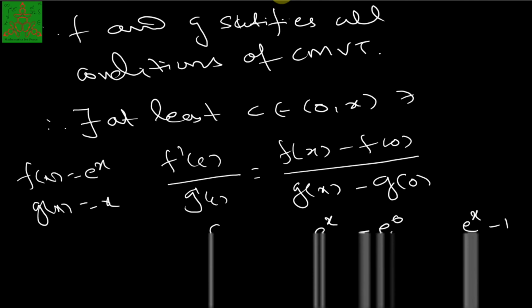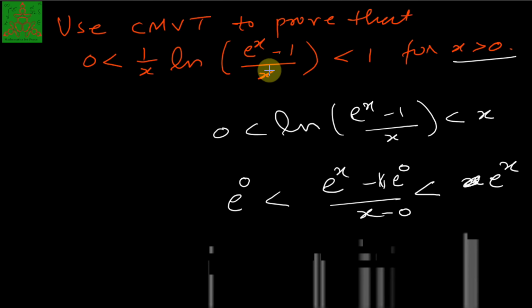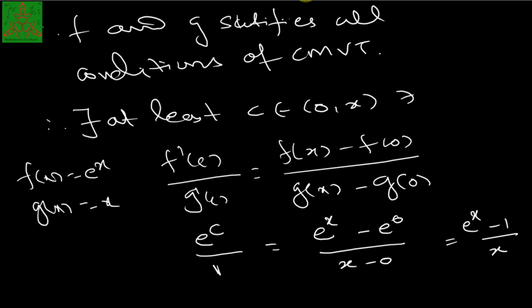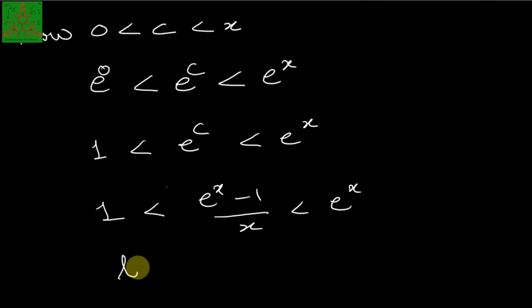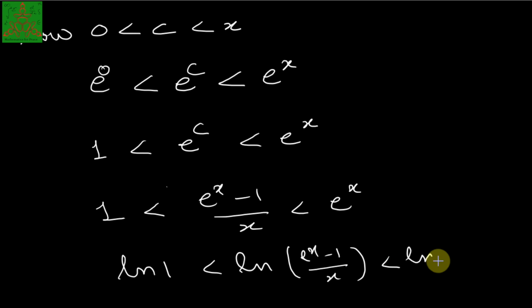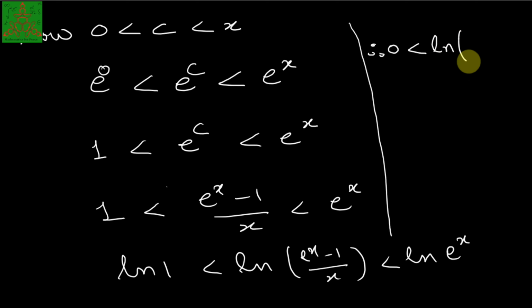Since I have to prove an expression of this type, for that I will take ln. That is ln of 1 is less than ln of (e power x minus 1) upon x is less than ln of e power x. Therefore ln of 1, we know, is 0, so 0 is less than ln of (e power x minus 1) upon x is less than x.